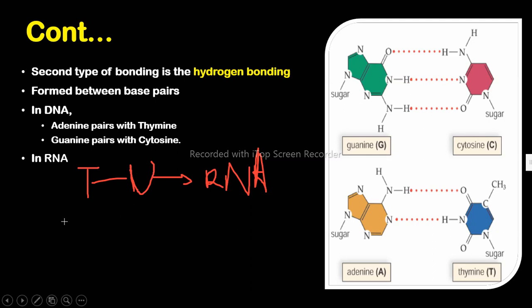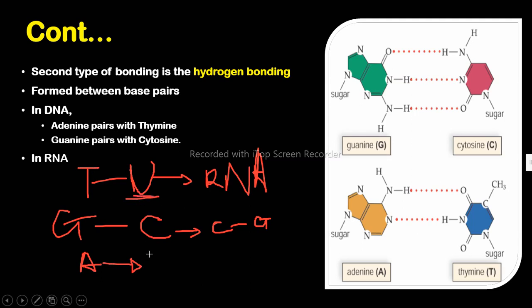Now, normally base G is going to pair up with base C, or base C is going to pair up with G. But if you have A and you want to pair up in RNA, instead of T, then we shall pair up with U.